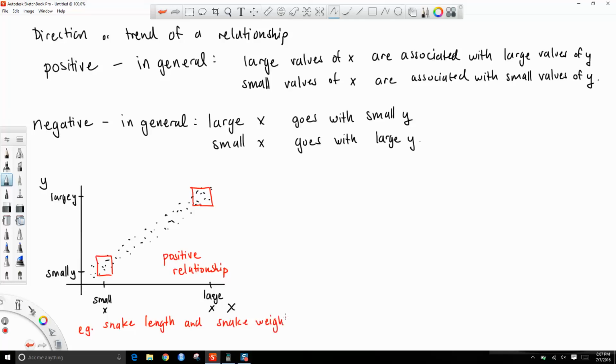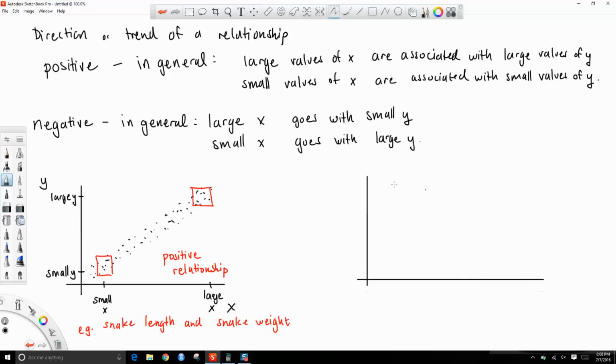So if we said snake length was x and snake weight was y, what we'd see is that values with high x, meaning large snake length, so long snakes, will be the heavier snakes. Snakes that are short, so small x, will be way less, so small y. Okay.